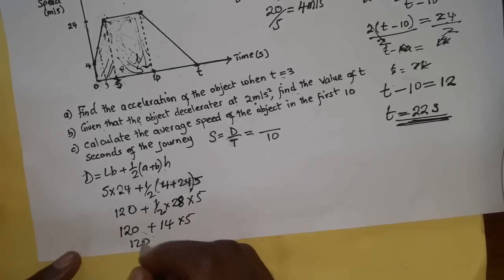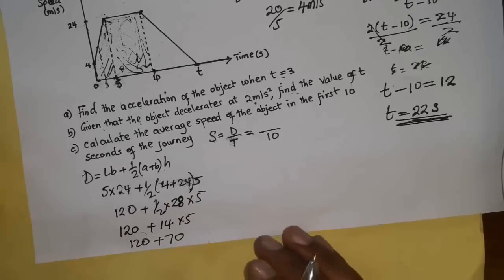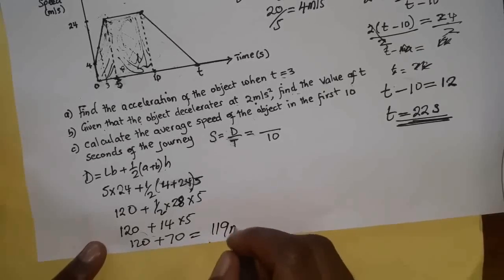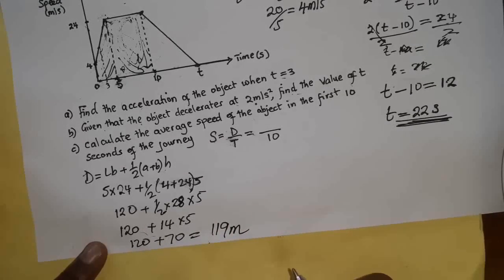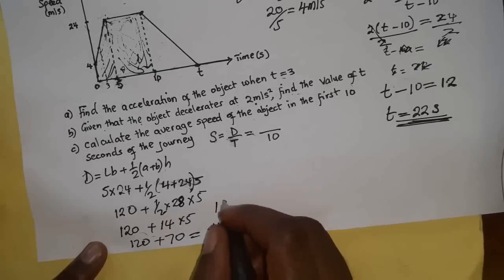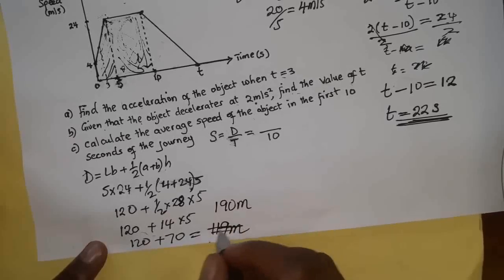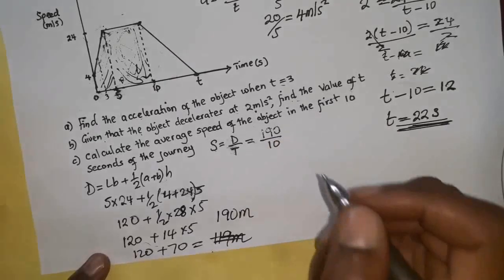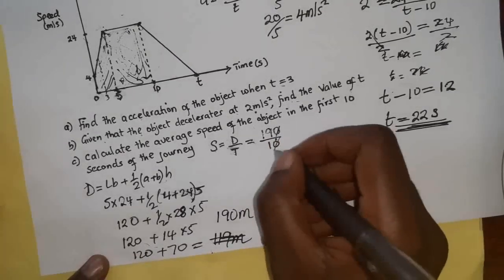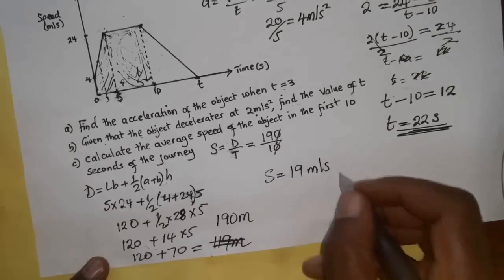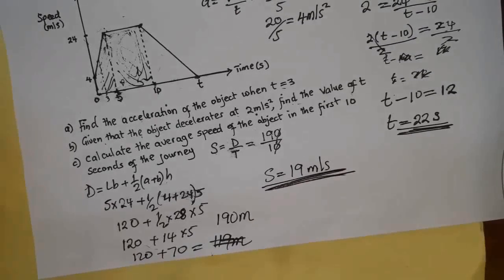This is going to give us 190 meters. So that is what we're supposed to bring here. When you simplify, speed is going to be 19 meters per second. This is what will be your answer.